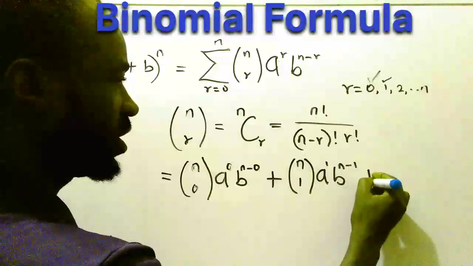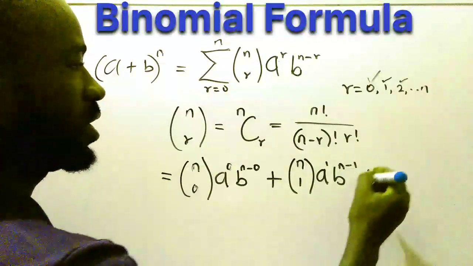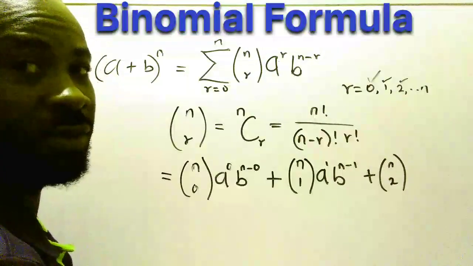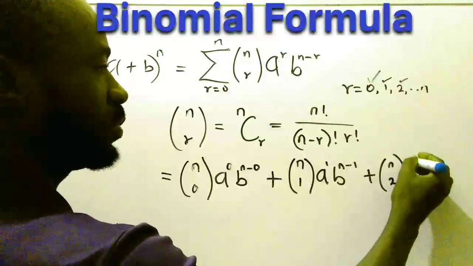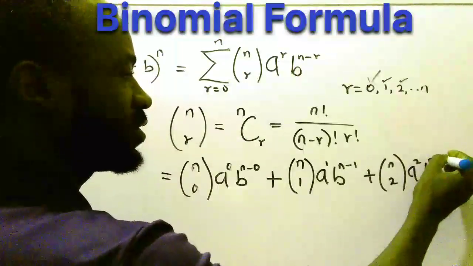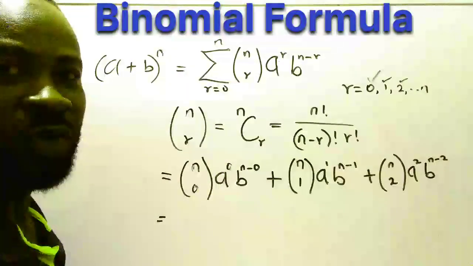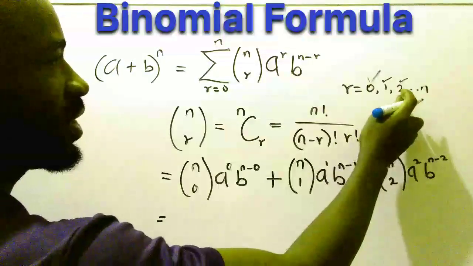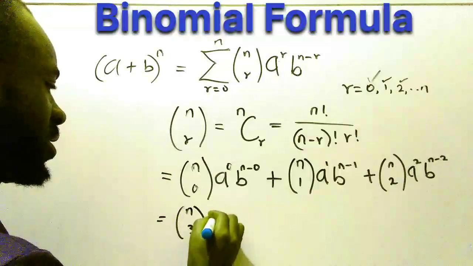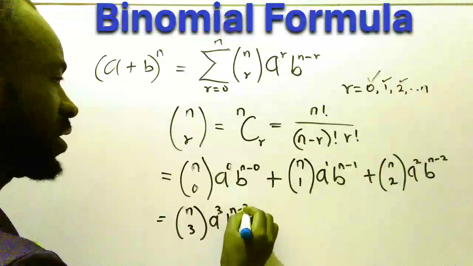You apply the instruction again, plus, I'll take r equal to 2, and that gives me n combination 2, then a raised to the power of 2, and then b raised to the power of n minus 2. So this is how we continue to apply the formula. The next one after 2 is 3. So we're going to have n combination 3, a raised to the power of 3 times b raised to the power of n minus 3.